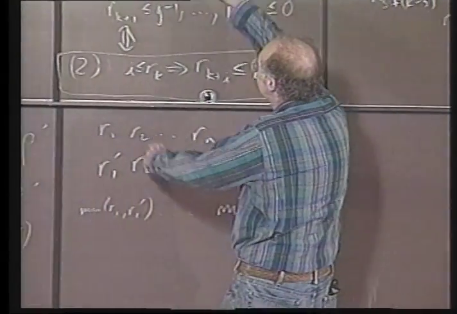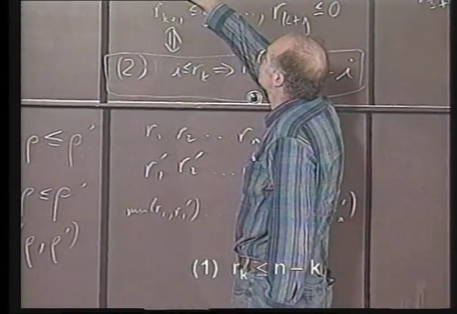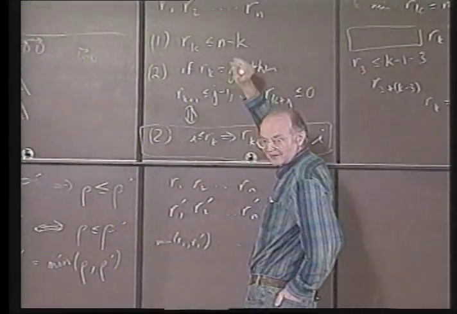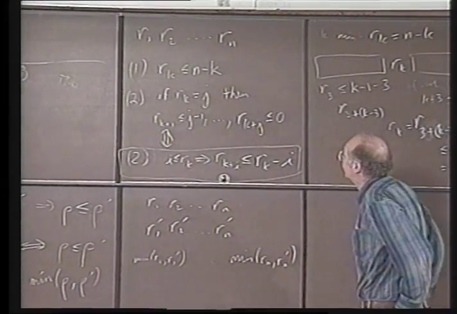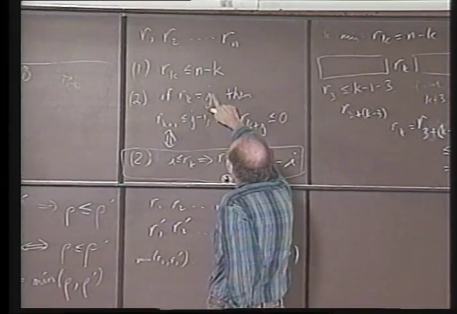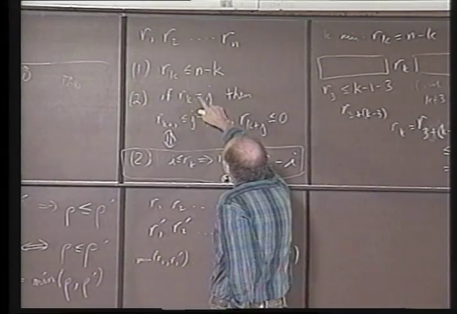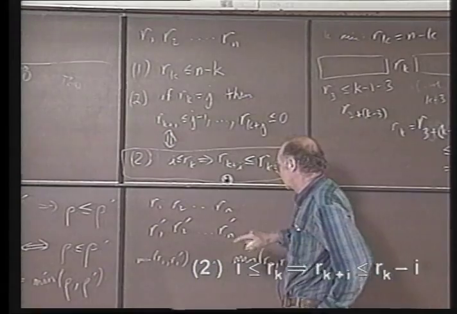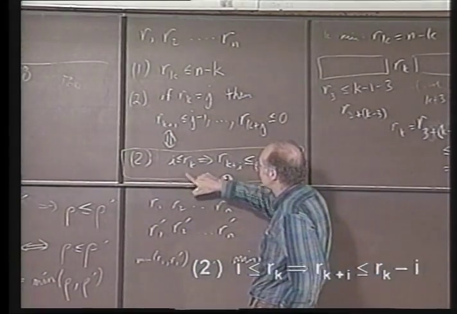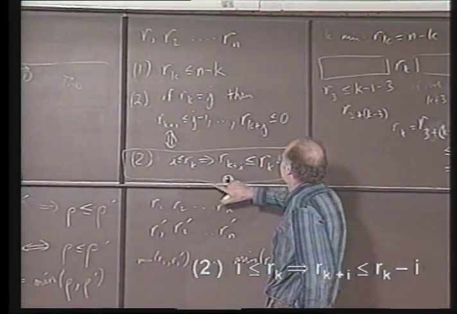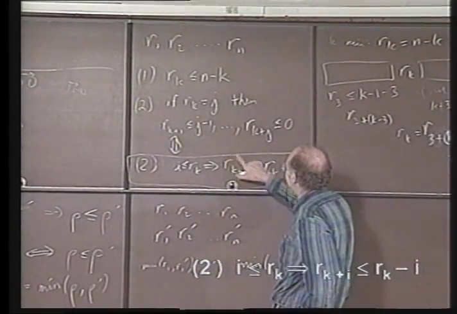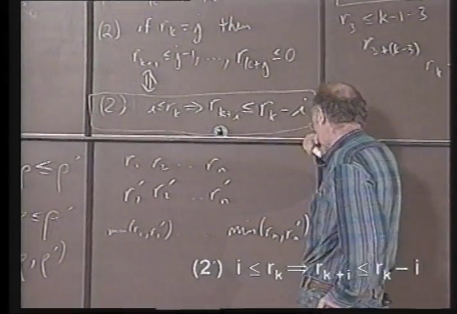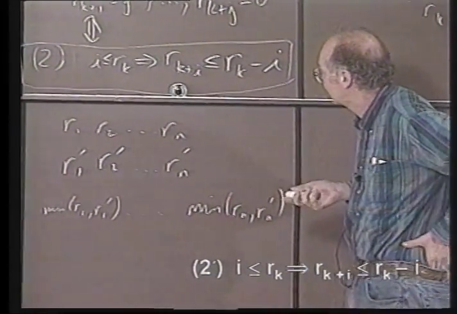I mean, take condition 1. Rk is less than or equal to this. Rk prime is less than or equal to this, so the minimum is certainly less than. On the other hand, here, let's suppose that, well, I can do it in this form. Suppose i is less than or equal to the minimum of Rk and Rk prime. Then I have to show that the minimum of this is less than or equal to the minimum on the right-hand side. But well, it's obvious.